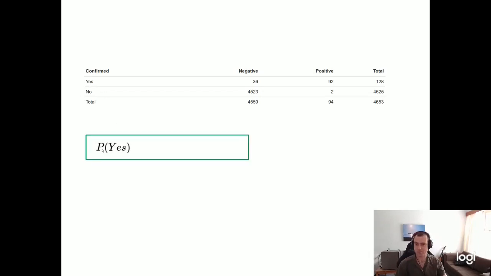So if we want to know what is the marginal probability of actually having COVID-19, in our case being a yes, then we go out to the margin for yes and divide by the total, which we do for most things. So we would end up with 128 over 4653 will give us our marginal probability of actually having COVID-19, which comes out at about 3%. So not many people actually had the virus at the time this data was collected.